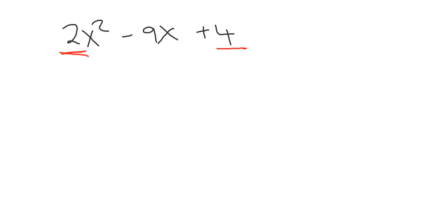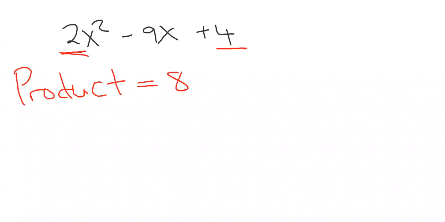What I mean is, the product of 2 and 4 is 8. So you are going to look for two numbers, which when you multiply, they give you 8. But then when you add them, they give you the sum of the middle number, which is -9.